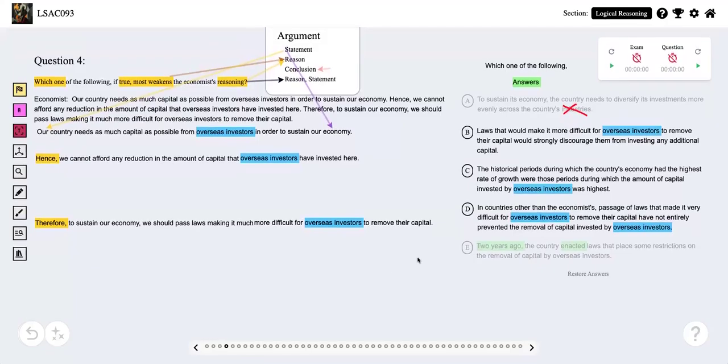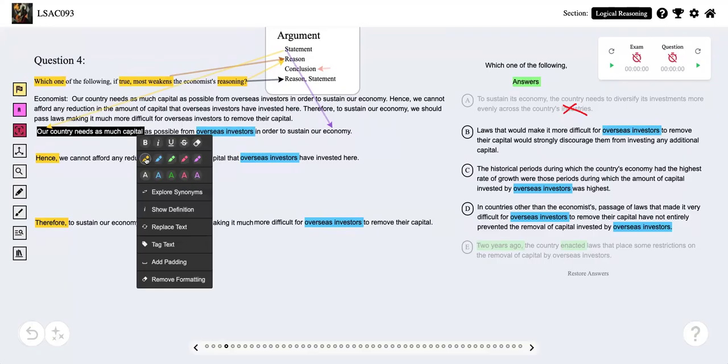So if we take a look at this particular sentence, laws that would make it more difficult for overseas investors to remove their capital, we know that the country needs as much capital as possible.